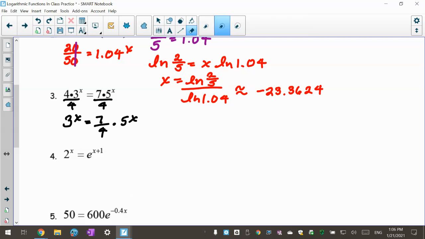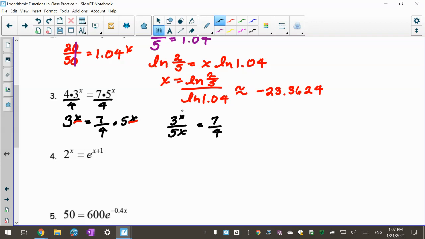When I look at this one, I say, wait a minute, I wonder if I could divide by 5 to the x. Mrs. Pond always said you either had to have the same base or the same exponent to combine, and I have the same exponent. So now I come up with 3 to the x divided by 5 to the x equals 7/4.